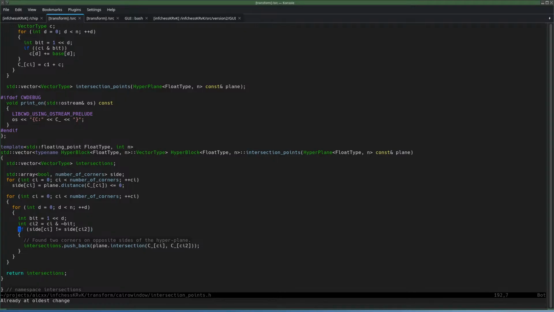So instead of a continue, I use the fact that CI and CI2 are the same. So what I can also do is set a bit, and I can do it like that. But yeah, that doesn't do anything, I think. It's not a significant difference.